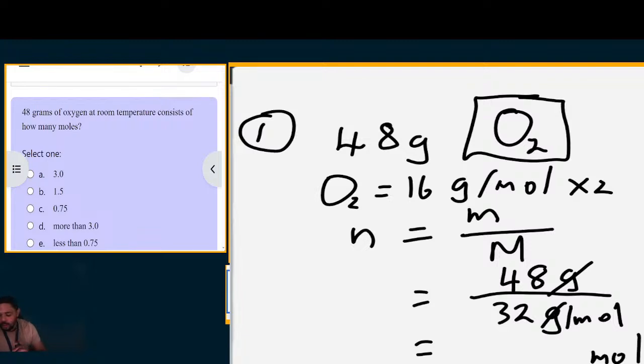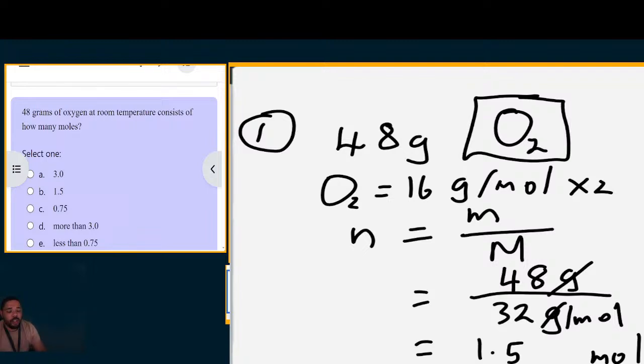Now, 48 divided by 32 is 1.5 moles. So there are 1.5 moles of oxygen in 48 grams of oxygen.